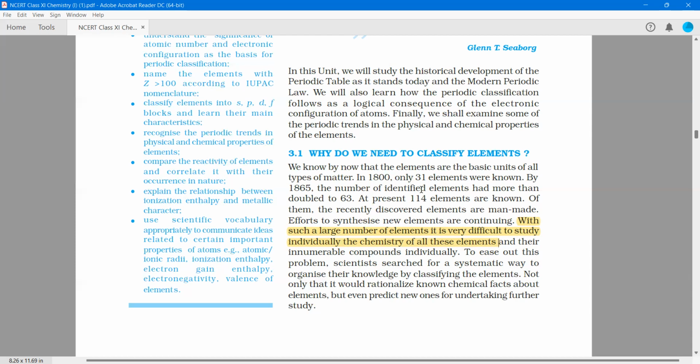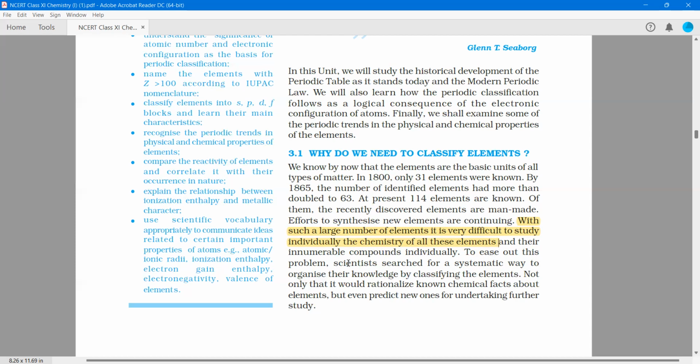It's kind of impossible. So it is better to group them and say that these elements are similar to each other, and this other group are similar to each other, which share some properties, not the same but similar. So it was very difficult for them because at that time there were fewer elements, but people thought that there would be more elements, and there is a need to classify them on some basis.